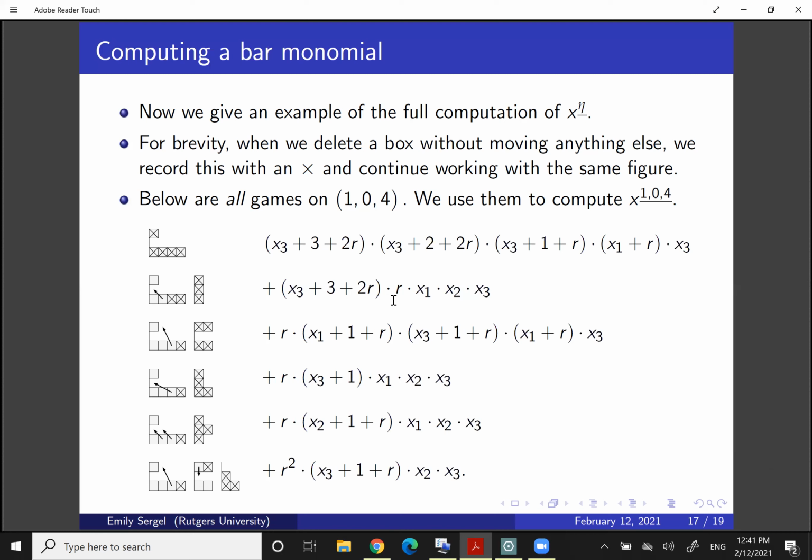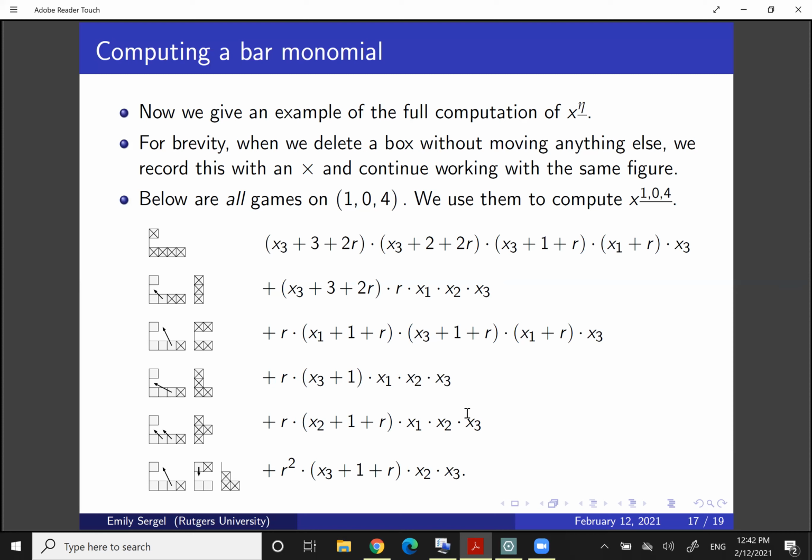It's not easy to see the other property. It's not easy to see the vanishing. So if you were to try and check the vanishing properties here, they wouldn't go through game by game. So when I plug in smaller composition shapes, you wouldn't get that the weight of each individual game vanishes. They would be combining together. But the entire bar monomial would vanish. So we go to Jack polynomials.